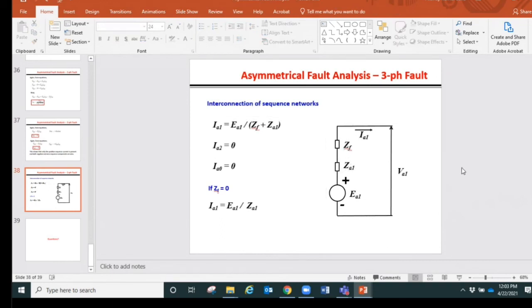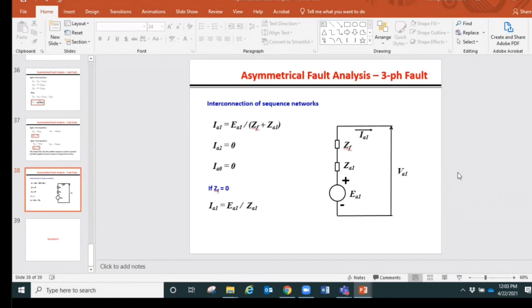Only the fault impedance ZF is shown here, just for generalization. If it is a solid short circuit, then ZF will become equal to 0. So from this circuit we can now calculate the value of IA1. When we know IA1, we can calculate IB1 and IC1.